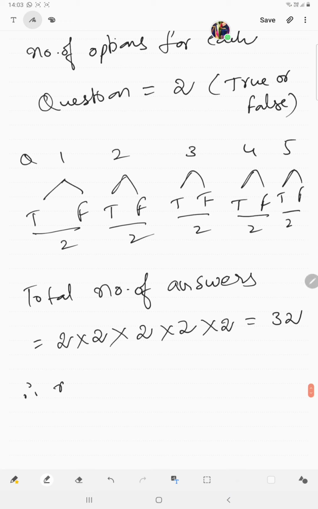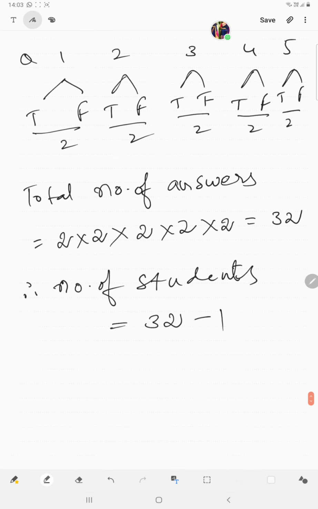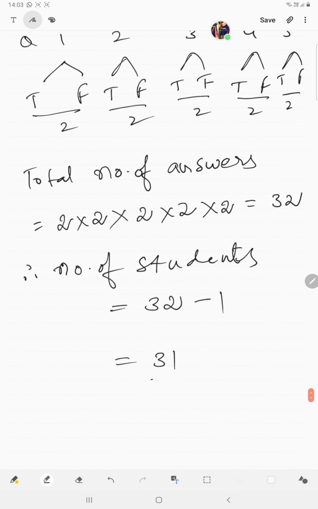Therefore, number of students is equal to total answers minus 1, which is equal to 31.